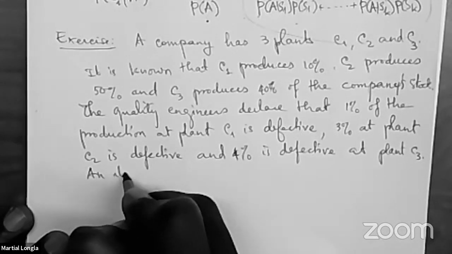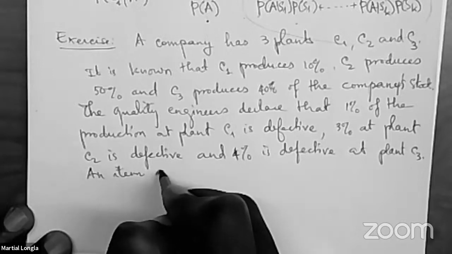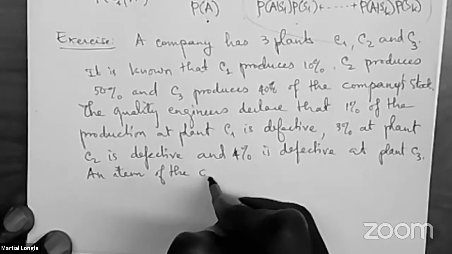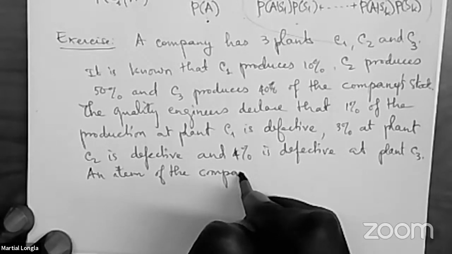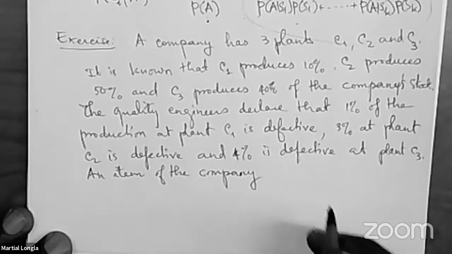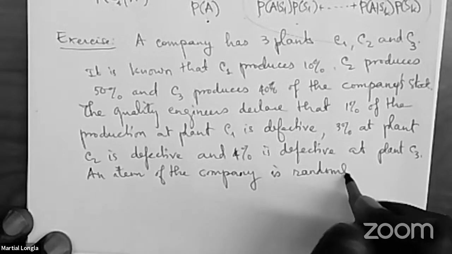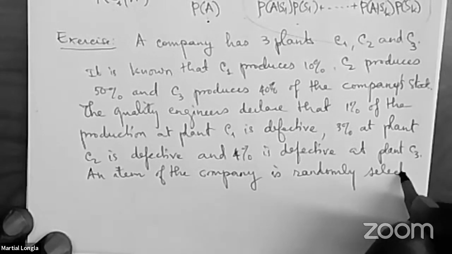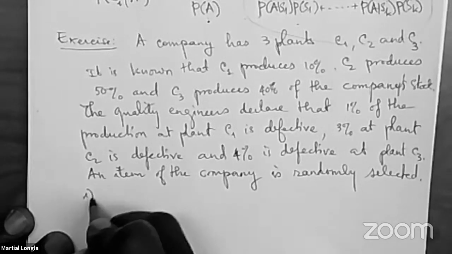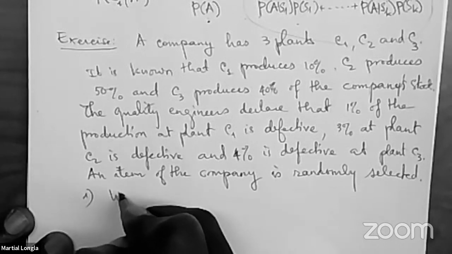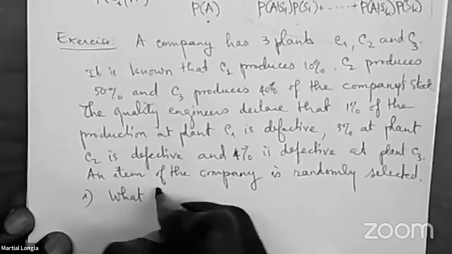An item of the company is randomly selected. One, what is the probability that it is defective?